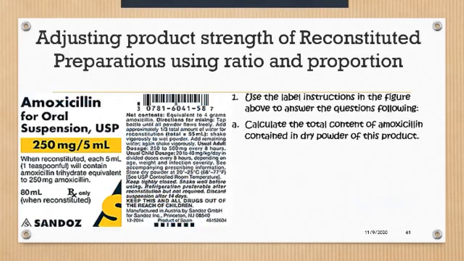Okay, so we are to use the label instructions in the figure at the side, not above, to answer the following questions. We are to calculate the total content of amoxicillin contained in the dry powder of the product. Now, remember, even though we reconstitute to make a particular volume, the drug is already in the powder. It's there already, but we just need to reconstitute it.